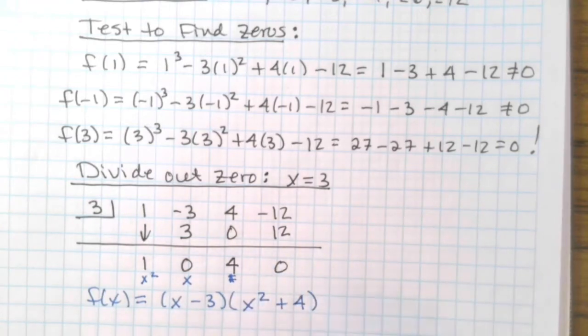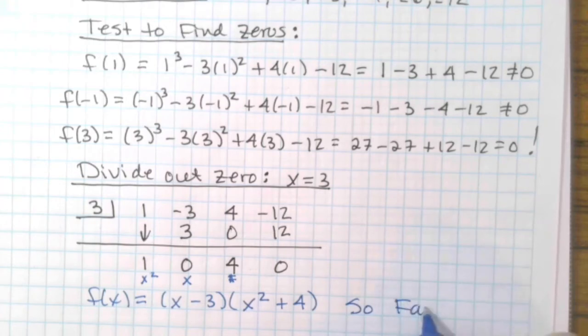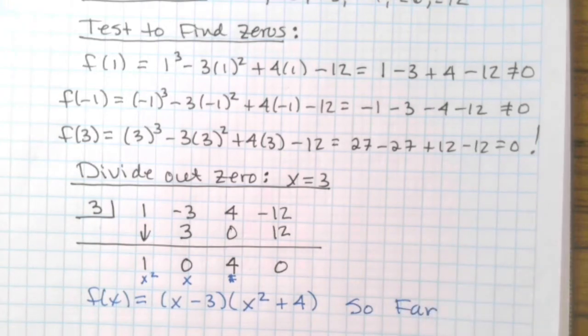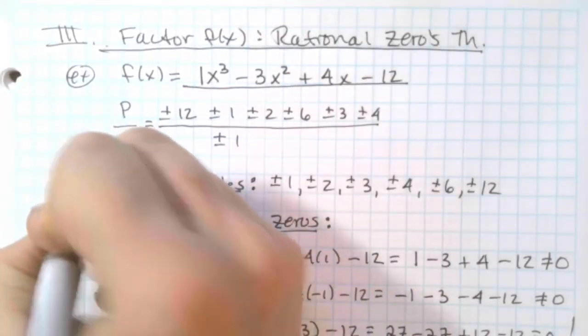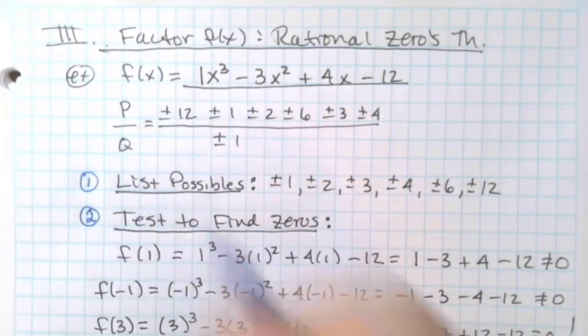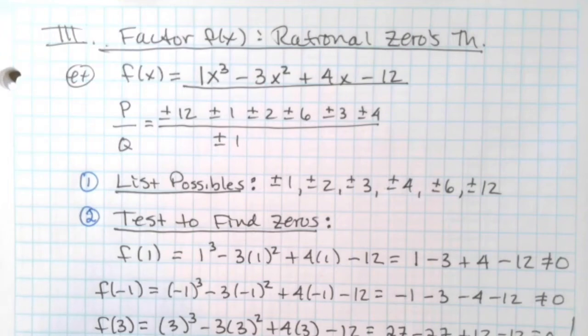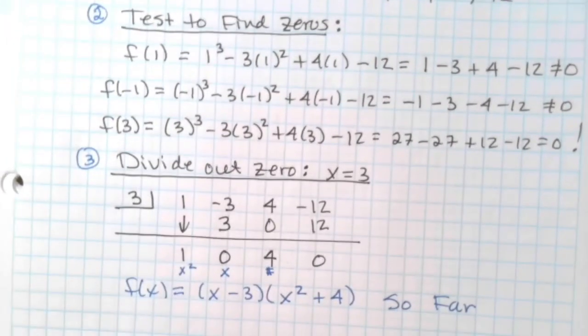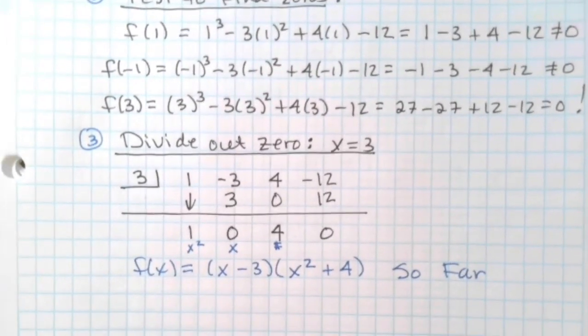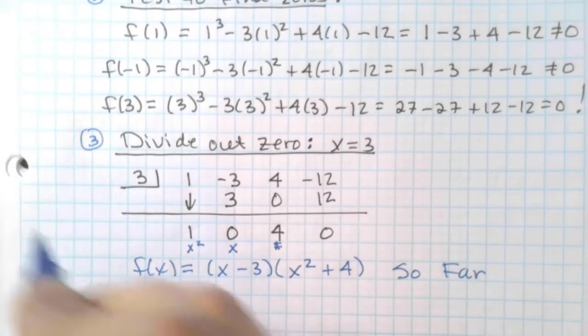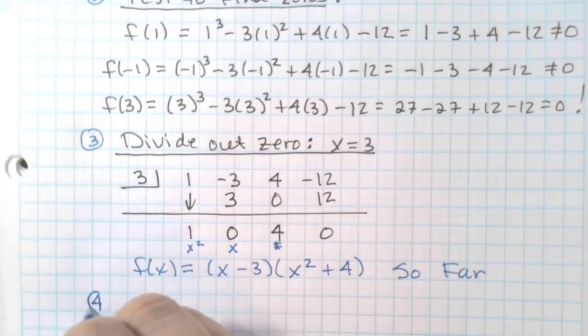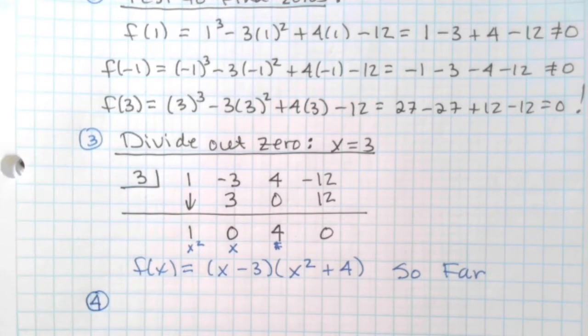That's what I have so far. I guess I should number these steps. Okay, so list the possibles, test to find the zeros, divide out the zeros. That's what we've done so far. Okay, so now we're going to go one more step. Obviously, x squared plus 4 doesn't factor.